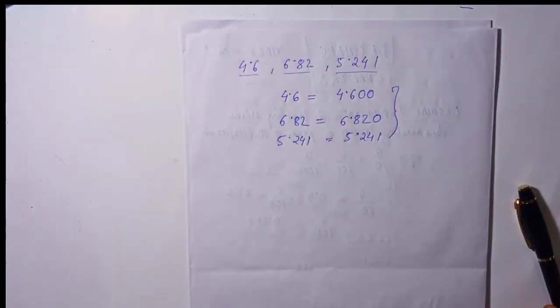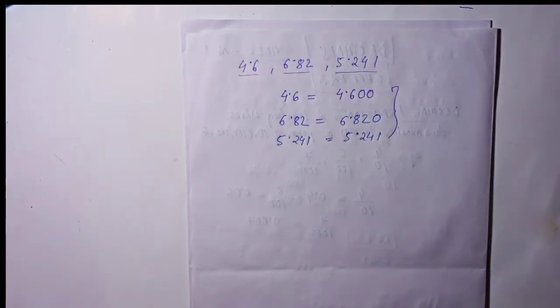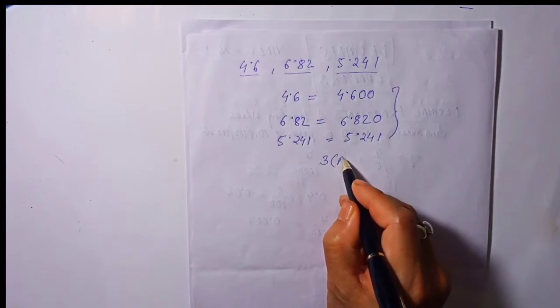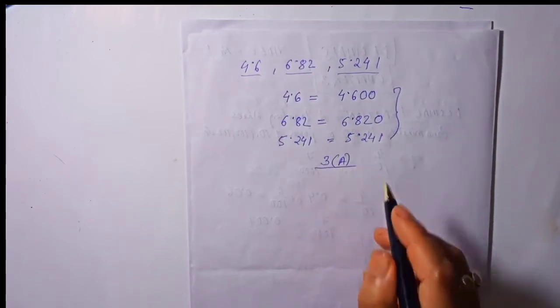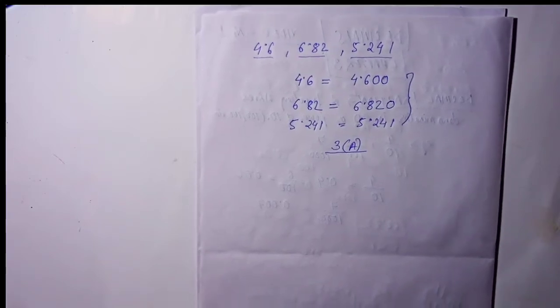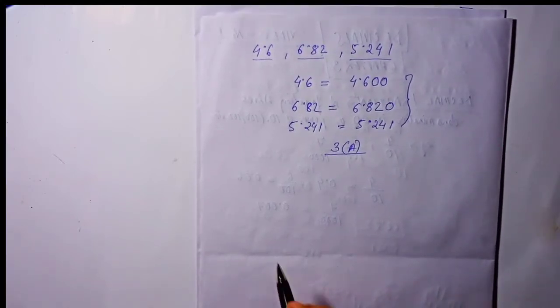Now in chapter 3A, we will start today 3A. In this chapter, we will see the addition and subtraction of decimal numbers. See question number 1.